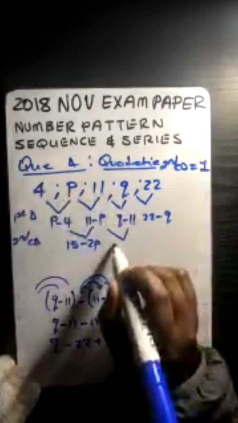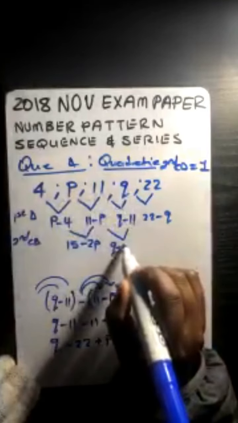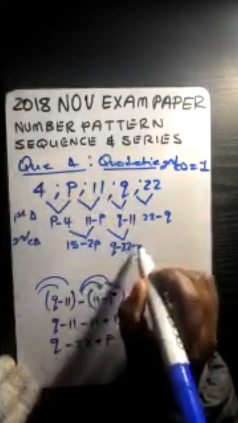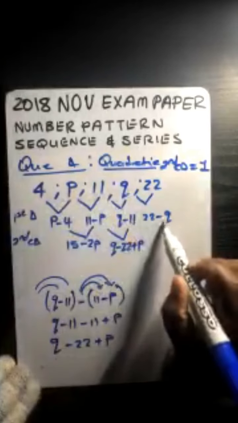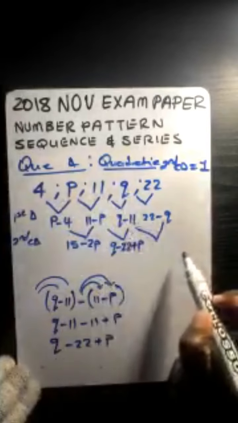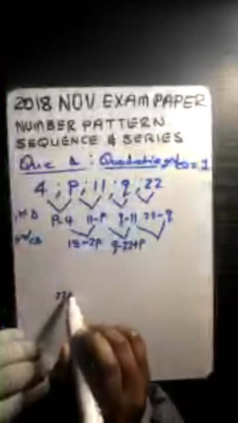Okay, let me write it as it is. I'll just see how far I can go. There we have plus p. Therefore, you also say that minus that over there. So let's remove everything and then out that one. It is 22 minus q.